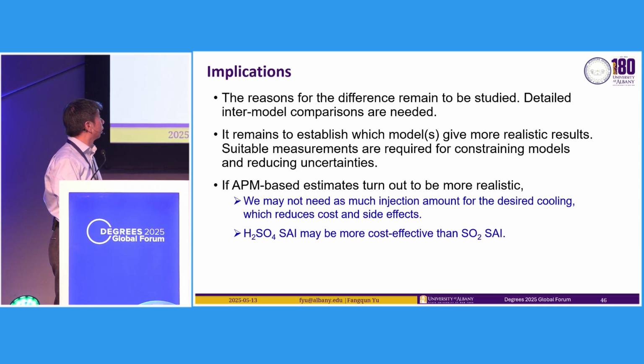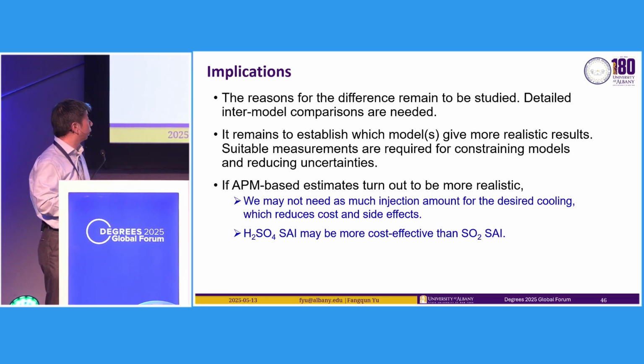If the APM result is right, then sulfuric acid SAI may be more cost effective than SO2 because the ratio is large enough. We all know that sulfuric acid gas and SO2 have different weights, but the ratio is higher than that.